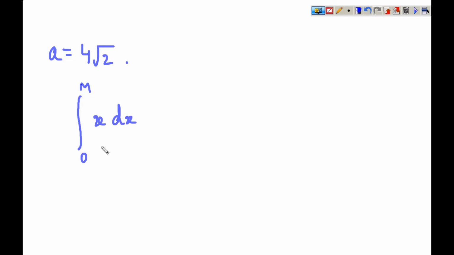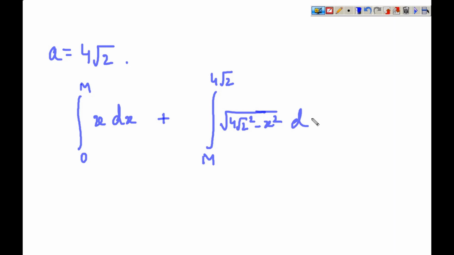So this gives me the area of the triangle, and then plus the remaining area, which will be from m to the radius of the circle, that is 4 under root 2, and the function is under root 4 under root 2 square minus x square, right? This is the function. So first let's solve this part, and then we'll come back here and do this part.